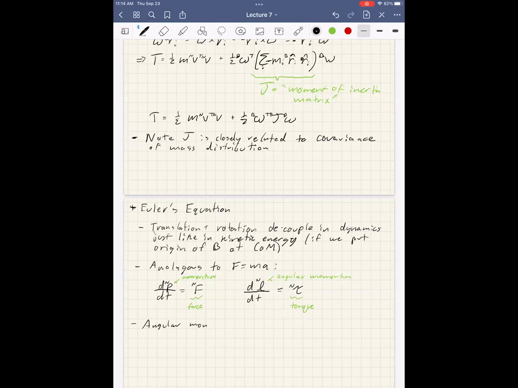But remember, linear momentum is mv. But here we have this inertia matrix J replacing just the scalar mass. And that thing is only nicely defined in the body frame. So we're going to want to define this angular momentum also in the body frame, even though here it's in the inertial frame. So there's some weird frame mismatch stuff going on here.